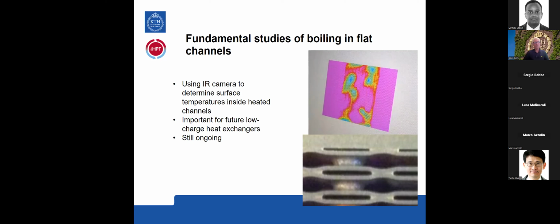So we can look at the flow through the glass wall from one side, and we can look at the temperatures of the heated thin foil at the other side. Thereby we can see where it is cooling well and where it is not. We're hoping to learn something about where evaporation takes place under flat bubbles in a flat channel. Ongoing work.